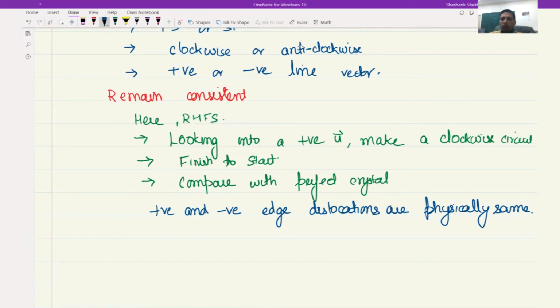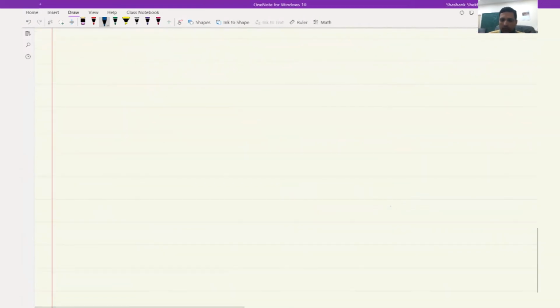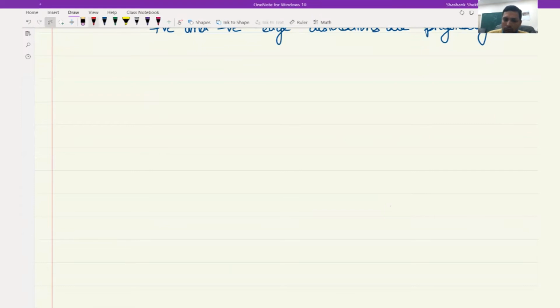Now let's move on to another dislocation which we mentioned earlier, which is a screw dislocation. It is named screw because if you look at it, it has a helical type of structure which gives it the characteristics of a screw. So for example, let me try to draw it here. It's not so easy to draw it here, but let's see.